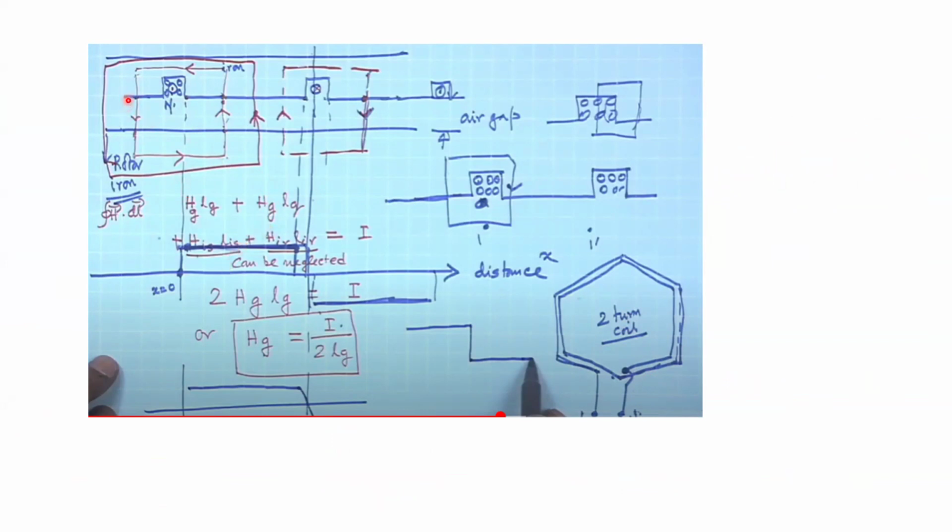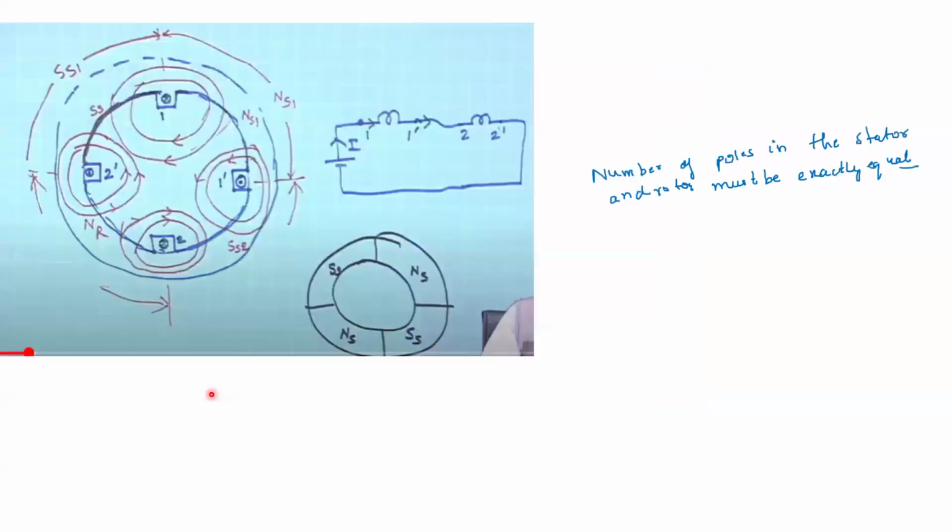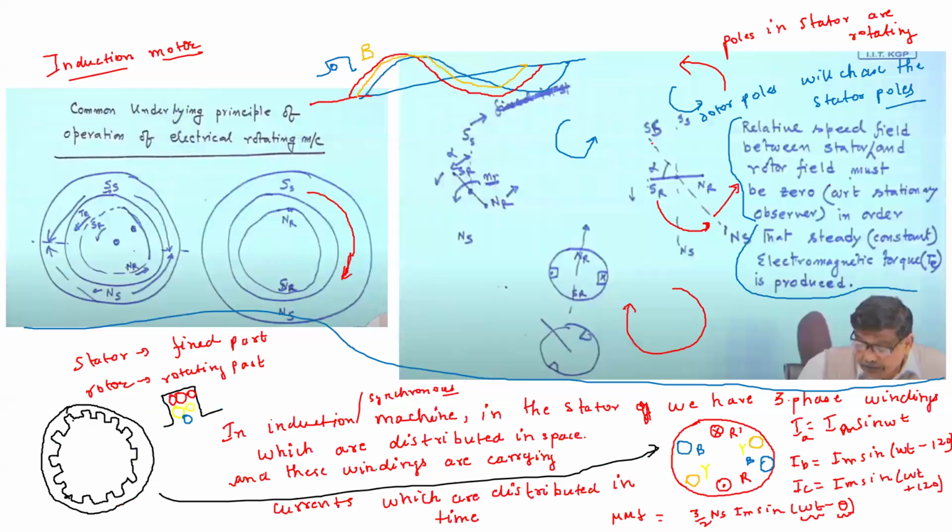Okay, so here you see we have the conductor. Let us for now focus on only one conductor. We have one end of the conductor here and another end of the conductor here, so this is a coil. In my last class I discussed something called a coil.